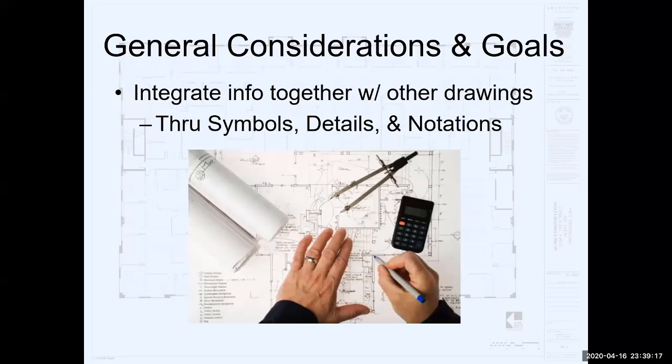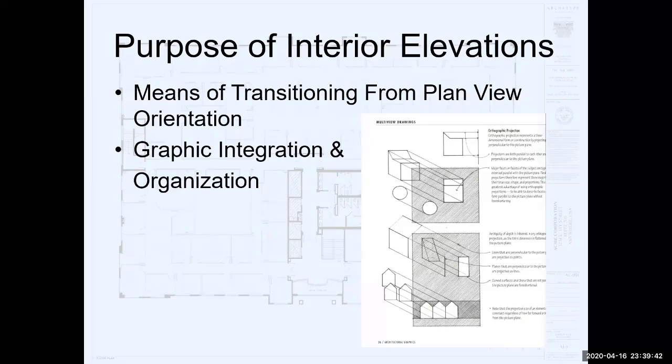So we're starting to integrate plan information and elevation together, and through a process of selectively choosing the symbols and details and notations and organizing that information, we can present it so that others can understand it more readily. So there is a transition. It goes from this plan view to a more vertical orientation.